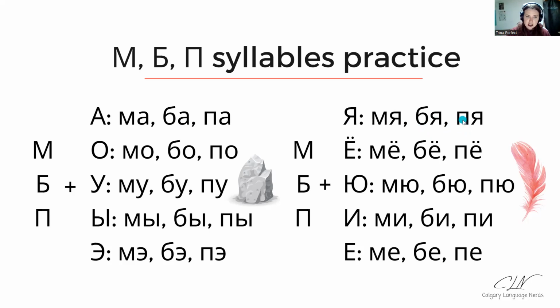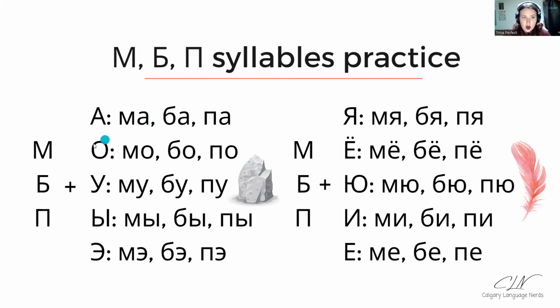In the 30 days challenge, you're going to be practicing in pairs. For example, ma, mya, ba, bya, pa, pya. And you're going to be devoting the whole day to practicing one pair of consonants going with all these different vowels.